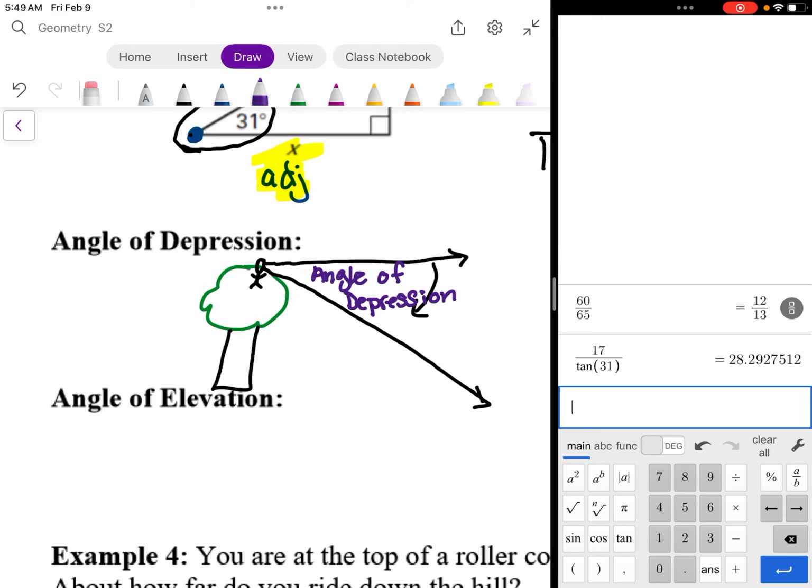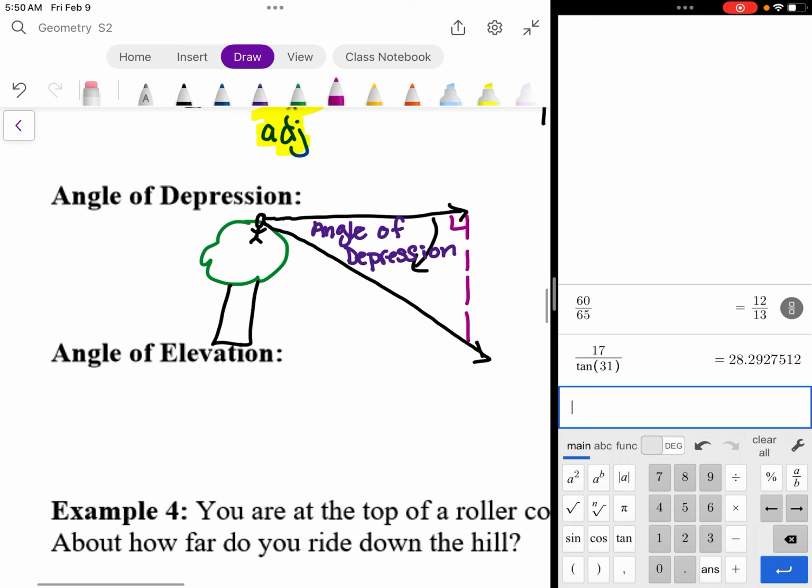So angle of depression is from straight out looking down. And you always have to have that line of reference so that we can get our right triangles here. So it's always going to be from that straight line. Same thing for the angle of elevation, except this time you're standing on the ground and you have your eye line that's going straight out.